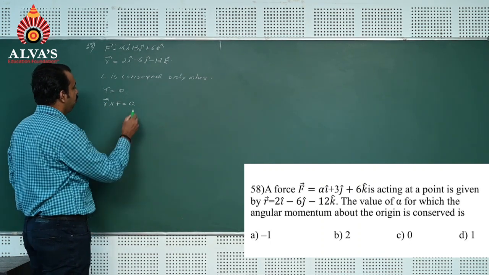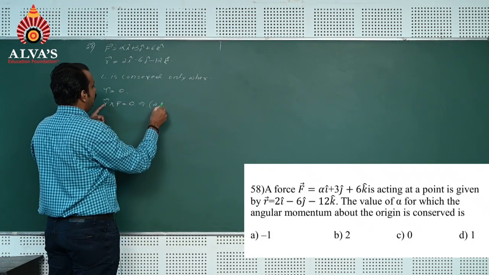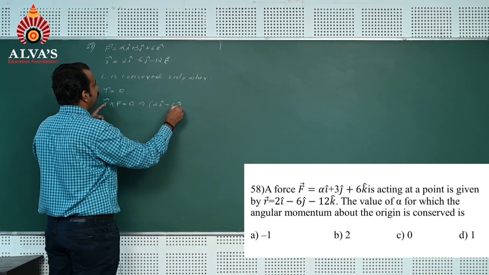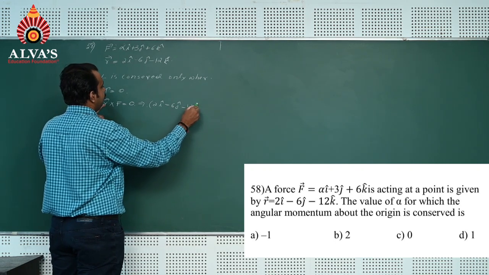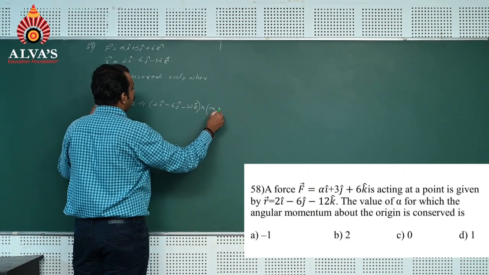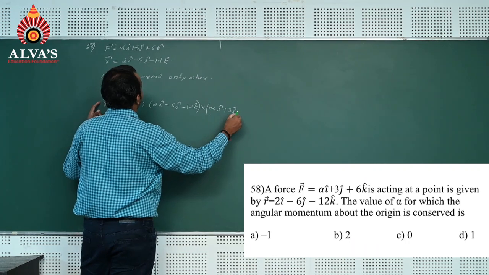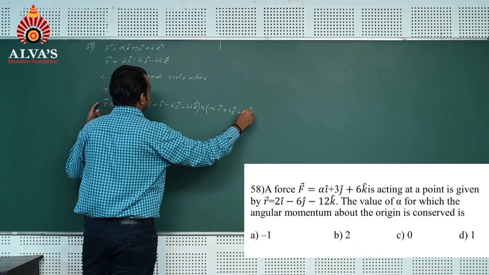That implies r, which is 2i cap minus 6j cap minus 12k cap, cross alpha i cap plus 3j cap plus 6k cap.